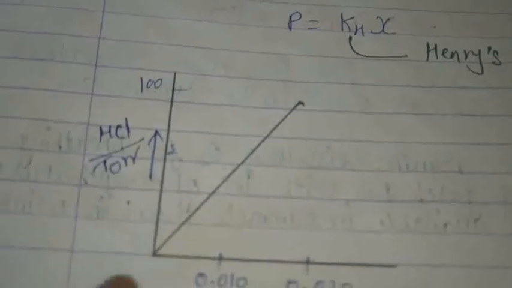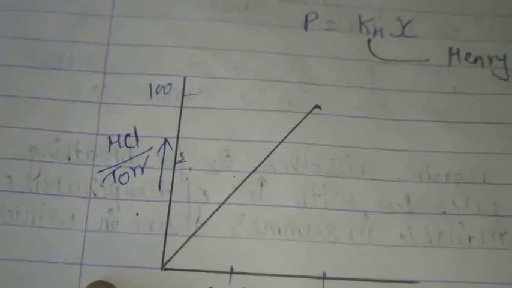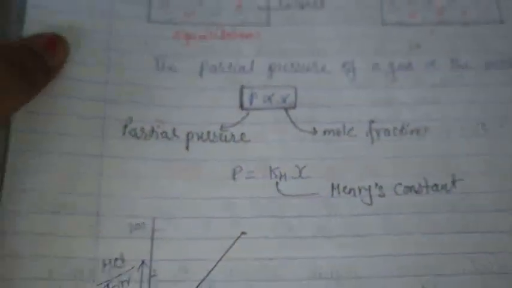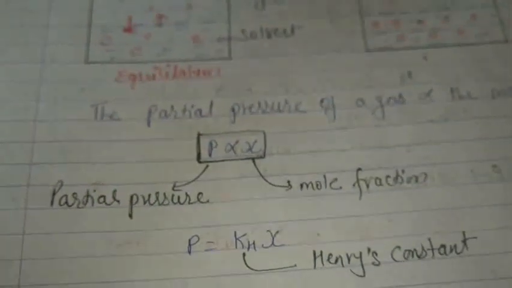After plotting this graph, we get one straight line. Straight line means what? It shows that pressure is directly proportional to its mole fraction. Clear? So simply, according to Henry's law, the partial pressure of a gas is directly proportional to its mole fraction.